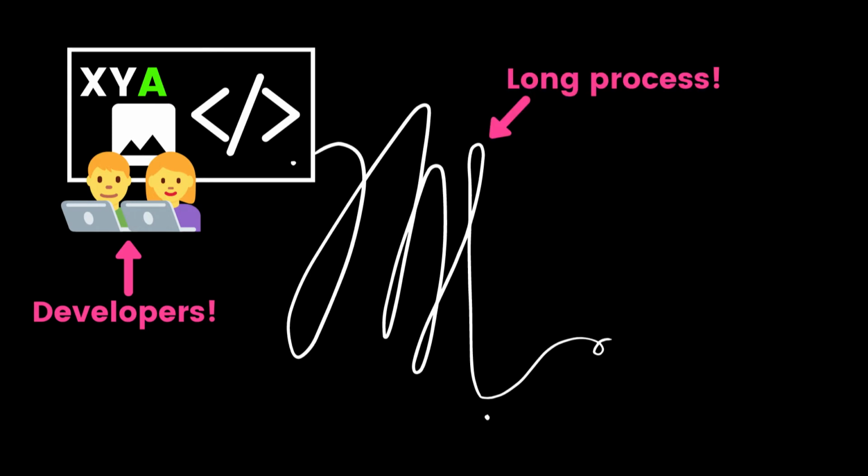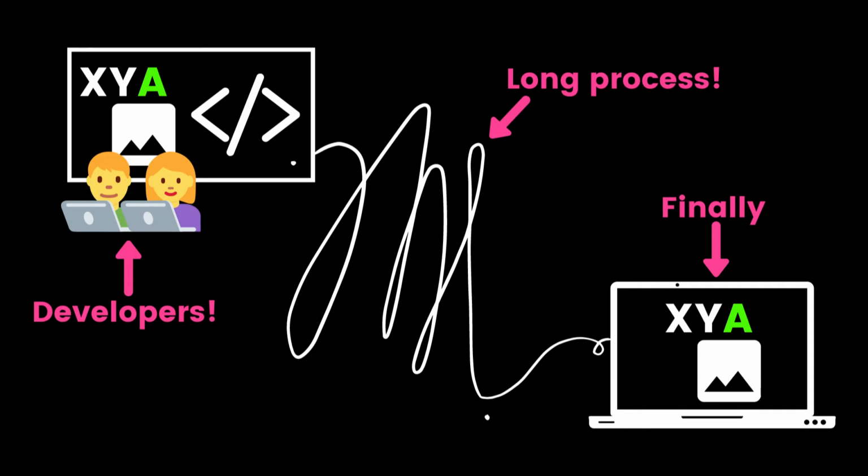Then, after a long process of developing, testing, and deploying all your website files to the server, the content changes will then go live on your website. Now, this could take a long time for even a tiny bit of content change.